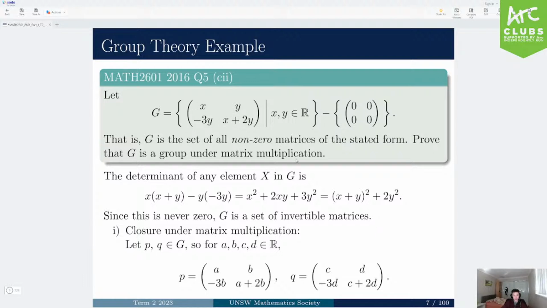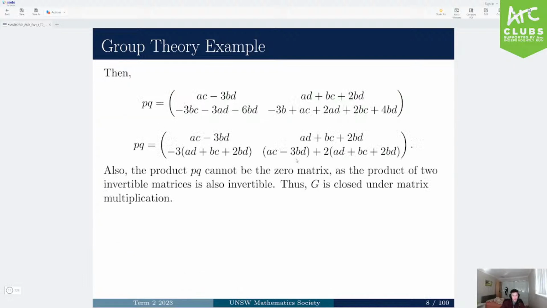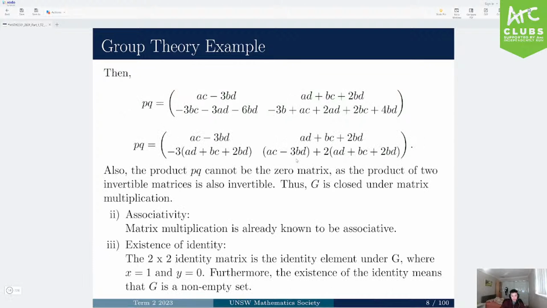Okay, that gets us the identity matrix. And furthermore, the existence of identity means that G is non-empty, because remember that the definition of a group requires a non-empty set.